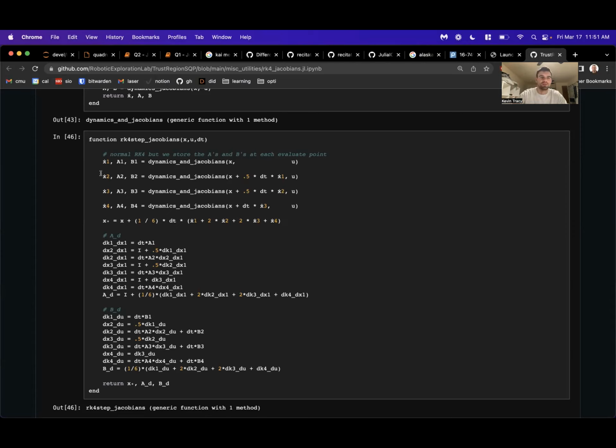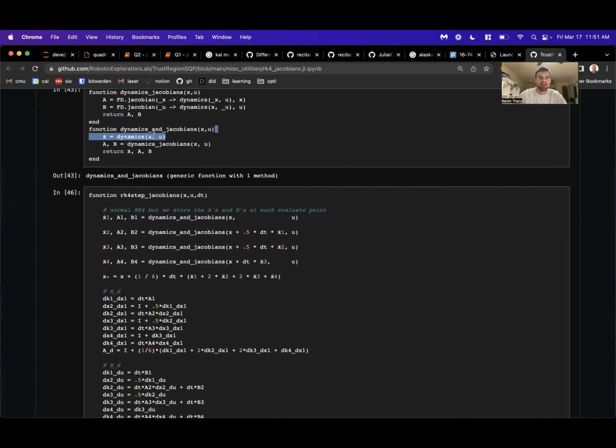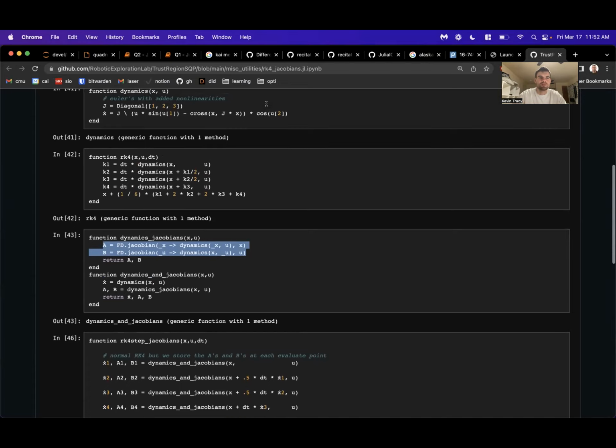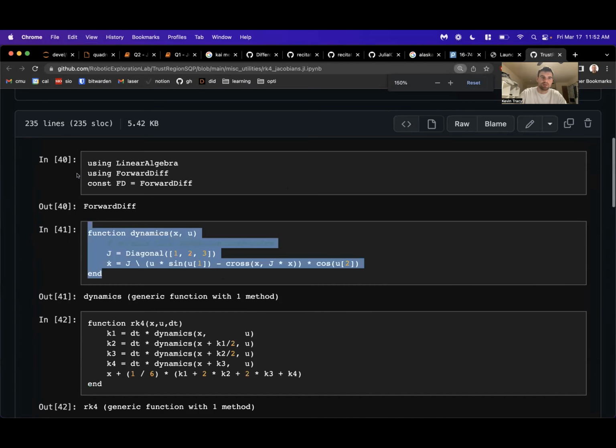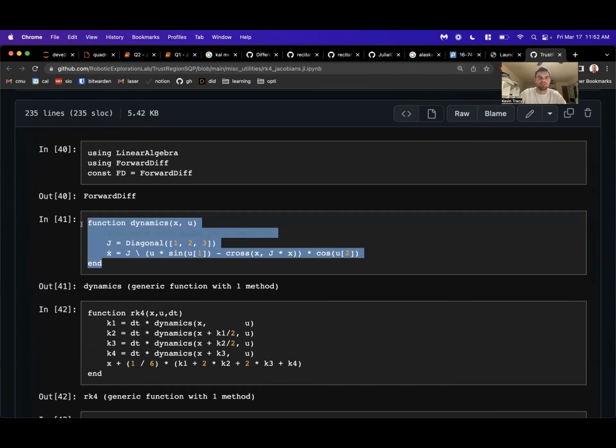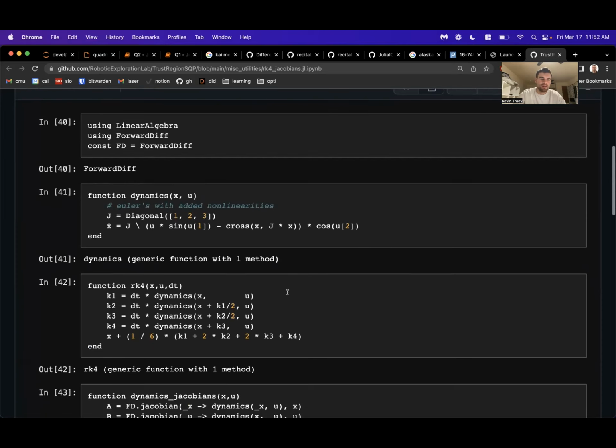Here's RK4 step Jacobians, and what this does is I wrote down a function, dynamics and Jacobians, that returns an x dot and the continuous time A and B. For some context, here's my dynamics function. I have just Euler's equation with some random nonlinearity thrown in there. Then I have my integrator. I use RK4 for this.